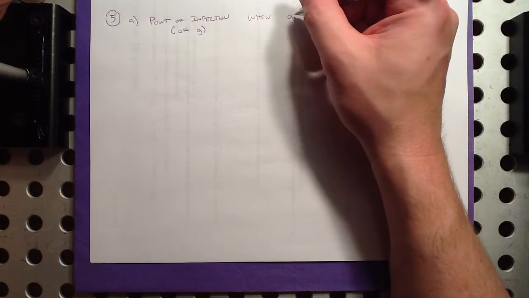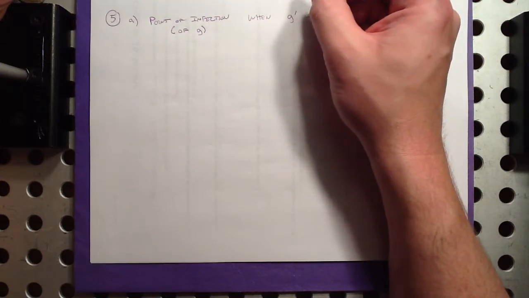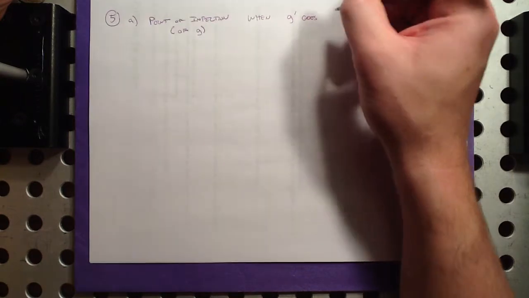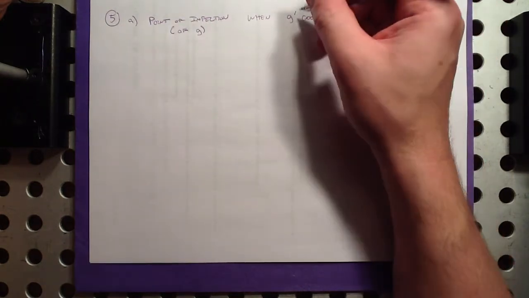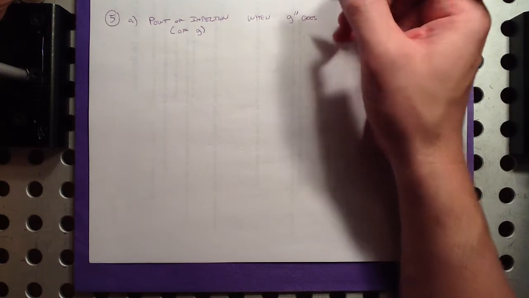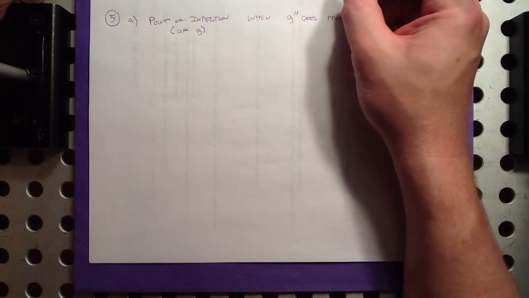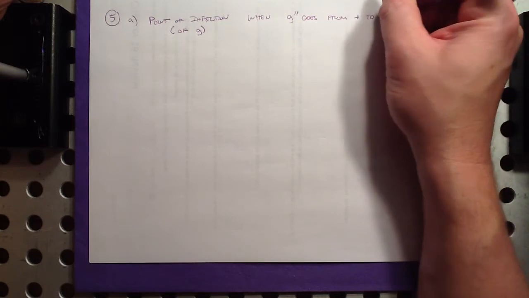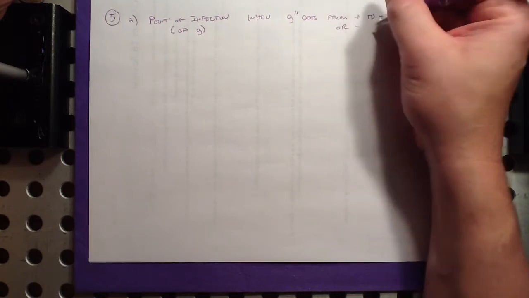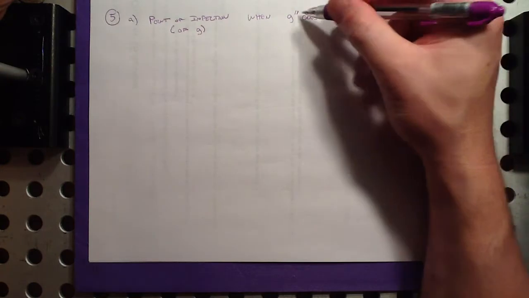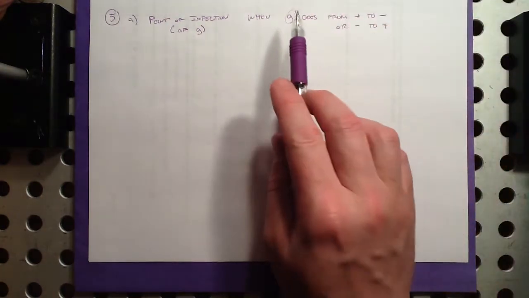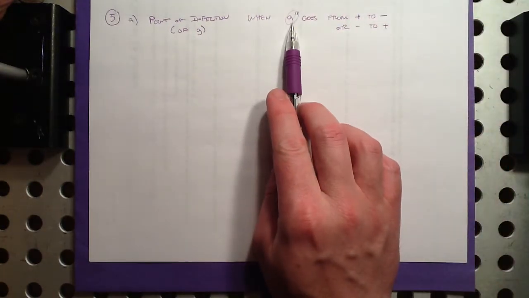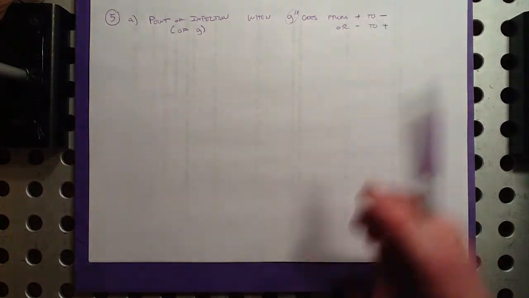When g prime goes from increasing to decreasing, or in other words, when the second derivative goes from positive to negative, or negative to positive. In other words, where the second derivative changes sign. Remember, it's not just where the second derivative is equal to 0, it's where it changes from positive to negative.